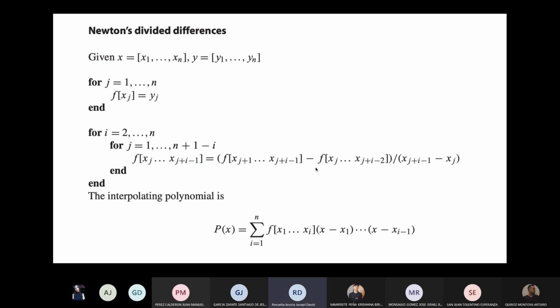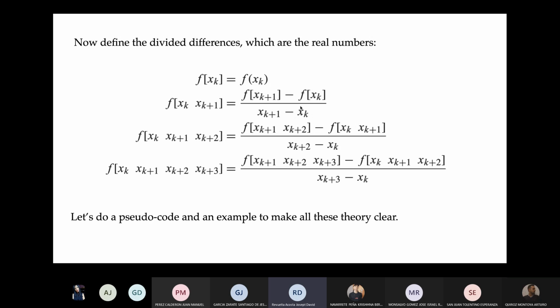If we want to use pseudocode, we have given these two numbers, and we have a for loop. The first for loop is just the evaluation of the coefficient f(x), from j to n, which is the formula we have, equal to yj. So this for loop is very simple. But then we enter the second for loop, which is the most complicated one, because remember that this is based on these terms right here.